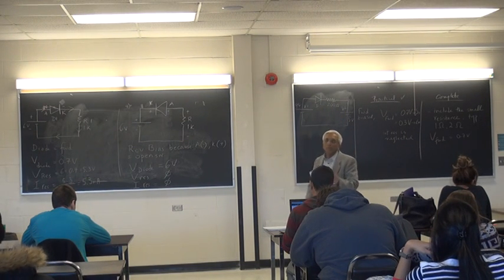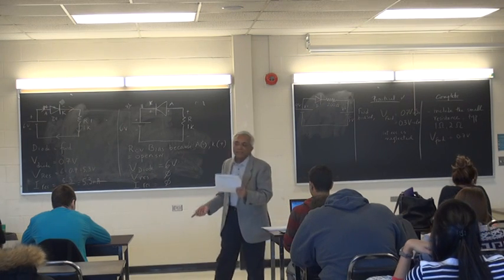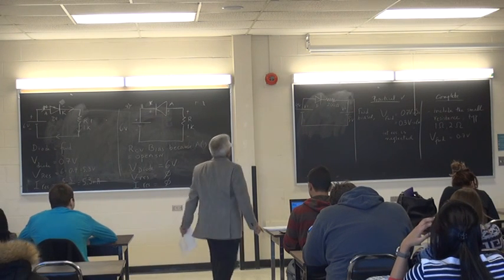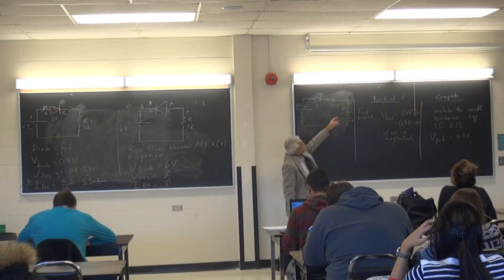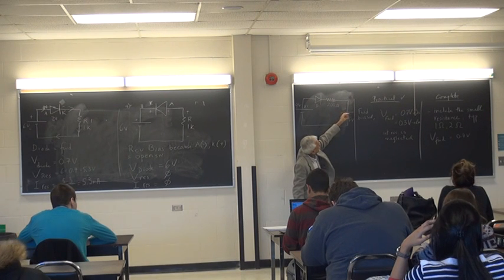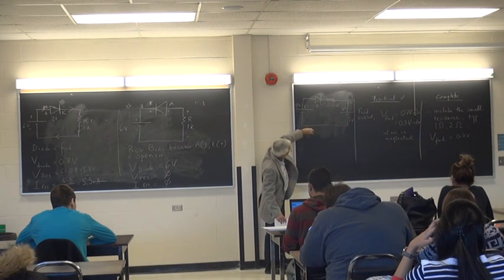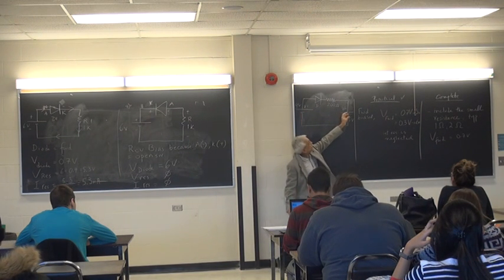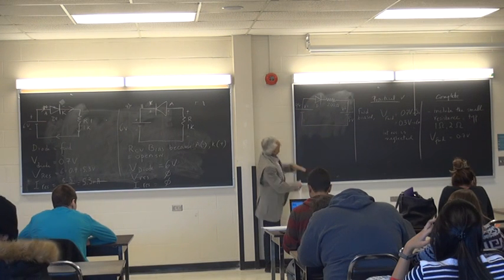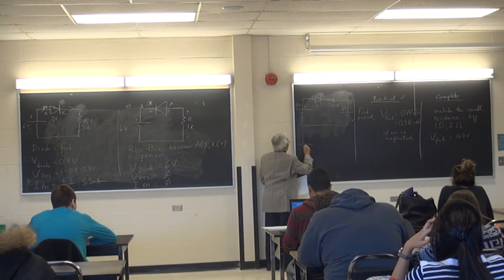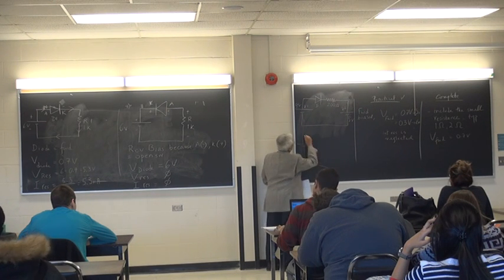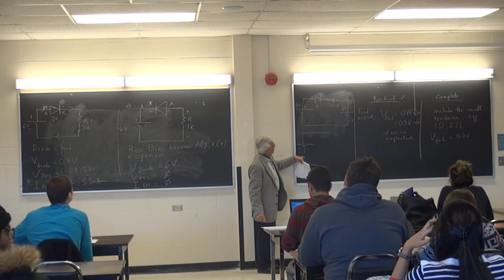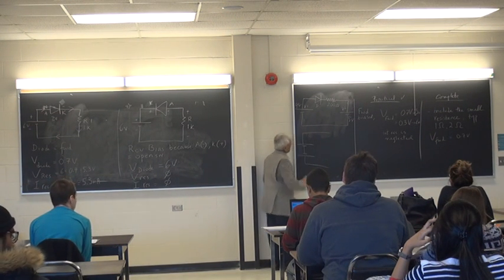So when I have a circuit like this, where the 2 supplies are in series, what I do is I try to combine them. I move my V2 so that it appears to be right beside V1. If I do that, the positive is at the top or at the bottom? At the bottom.